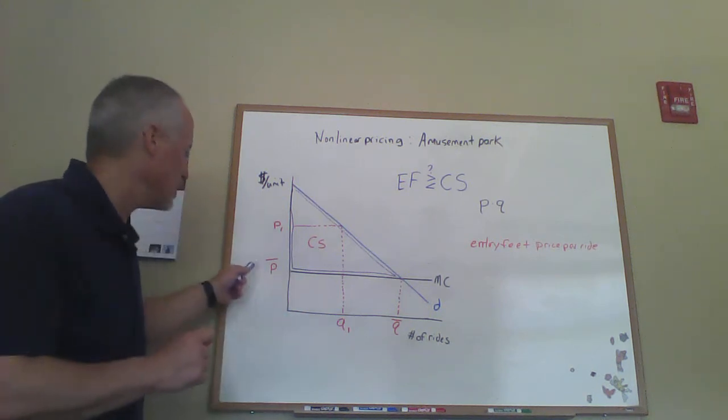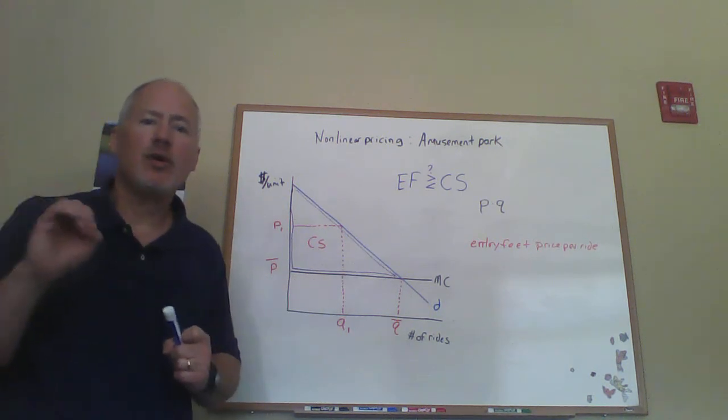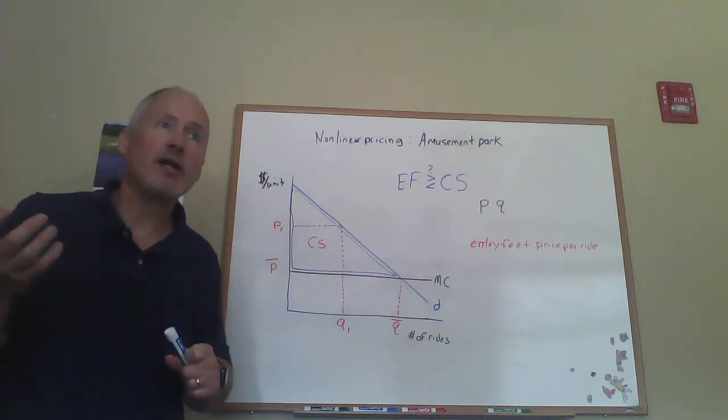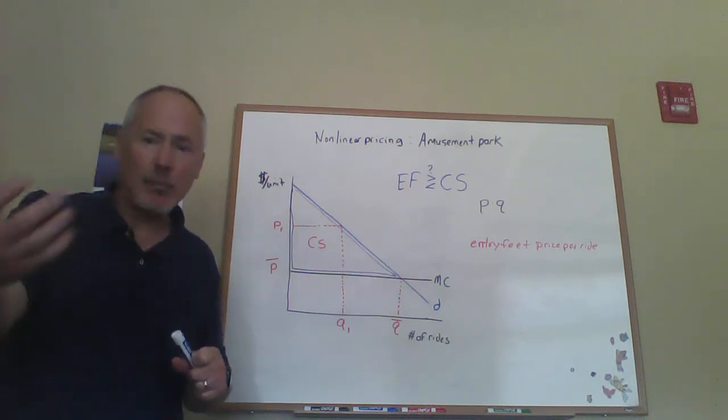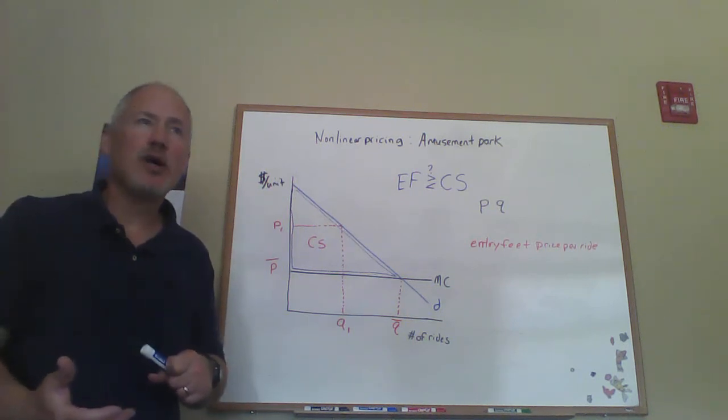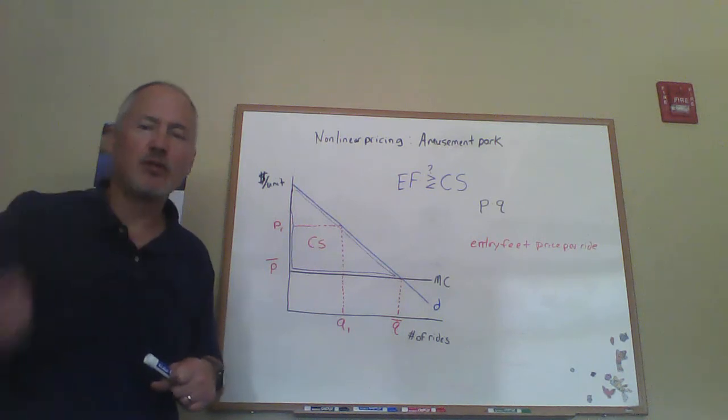You set a price equal to marginal cost to make sure that consumers don't go on too many rides, because it's costly to you to operate each of the rides. You're going to lose money if you're running the ride with only one or two people on it.